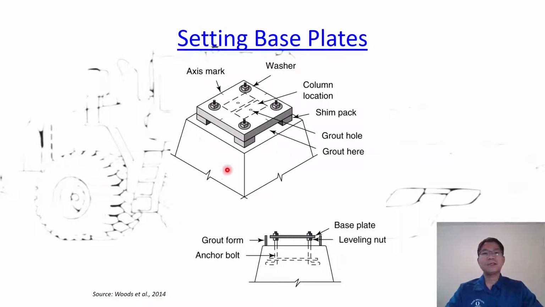You see the base and the grout. People put the column in and can adjust the bolts and the plate so that the column will stand vertically. The next YouTube video shows you the process to do that.